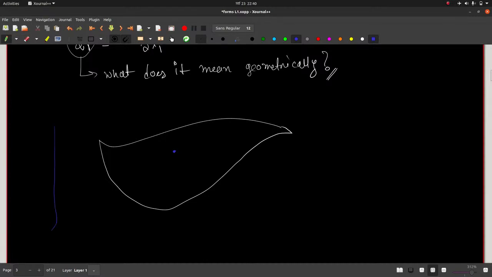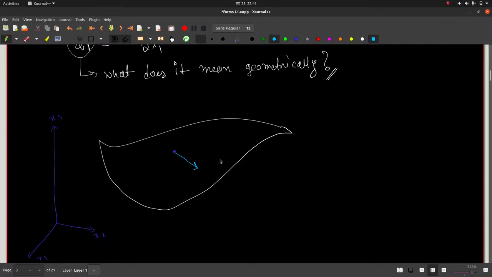Let's say this is our coordinate axis, x1, x2 and x3, like this, and we want to measure the change in some direction, because on the right hand side we had a directional derivative definition, right?